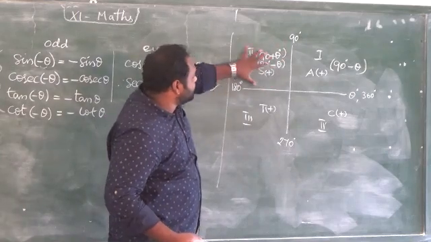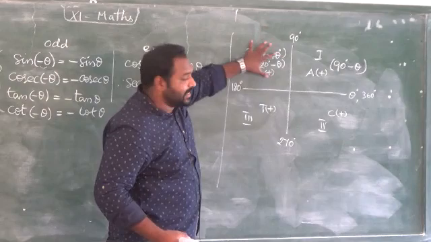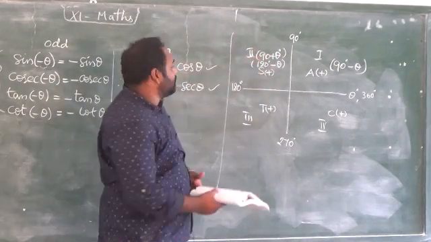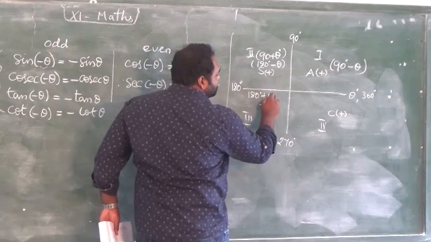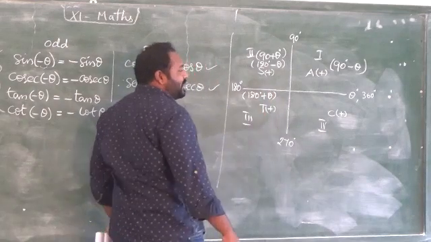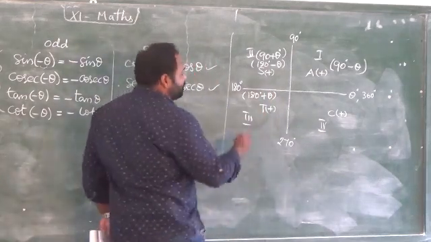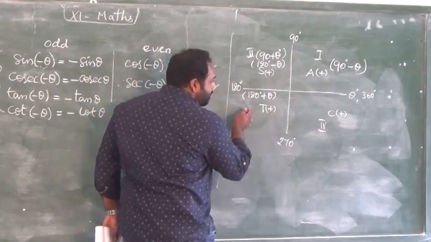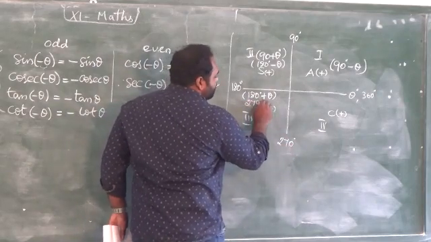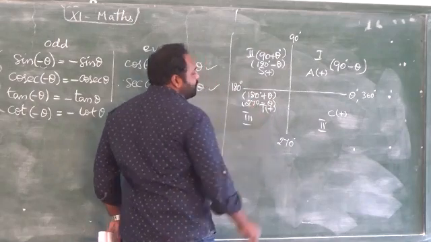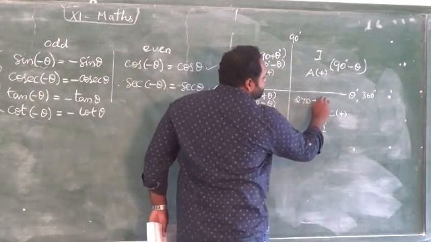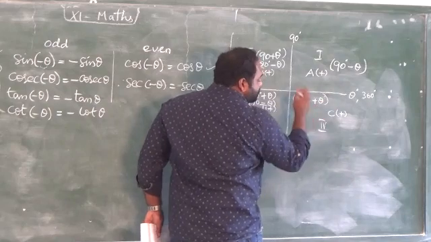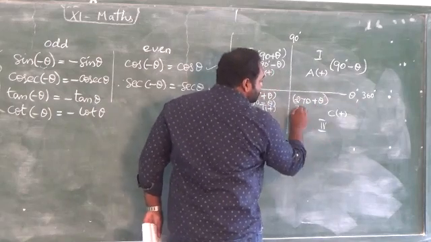This will occur in the second quadrant. Here we have 180 plus theta. Also 270 minus theta. So here 270 plus theta. Also 360 minus theta.